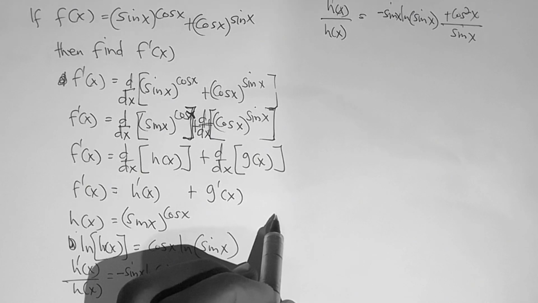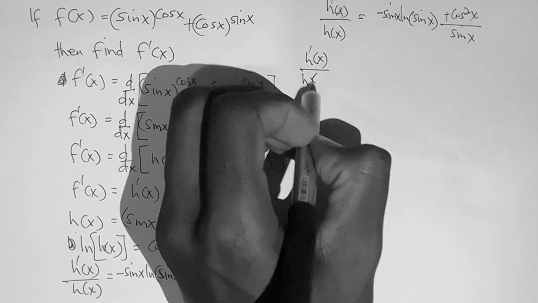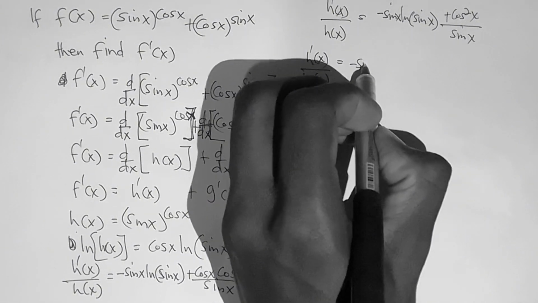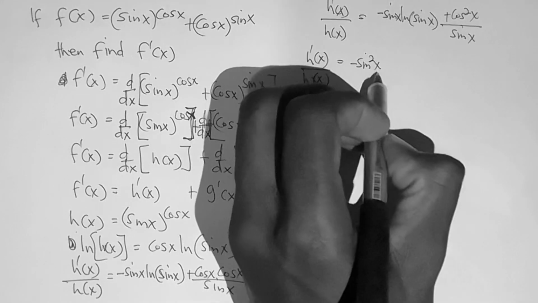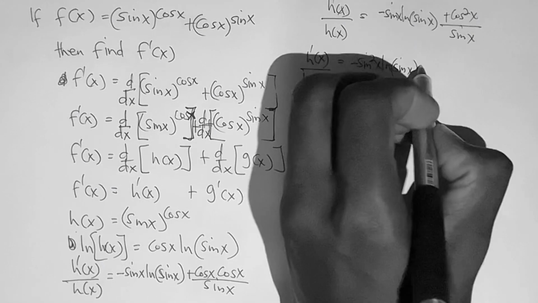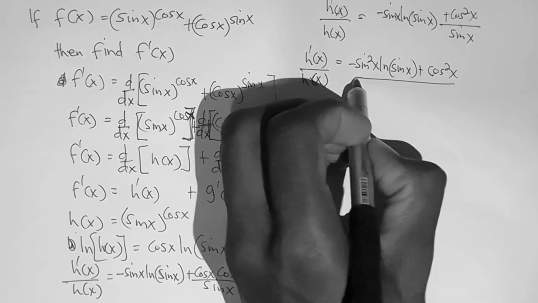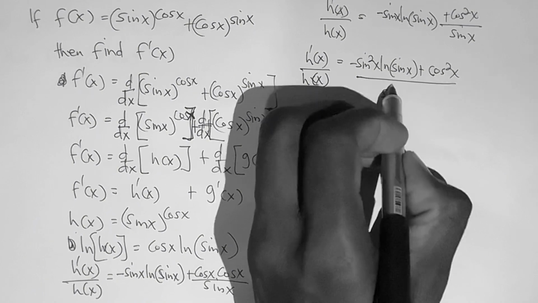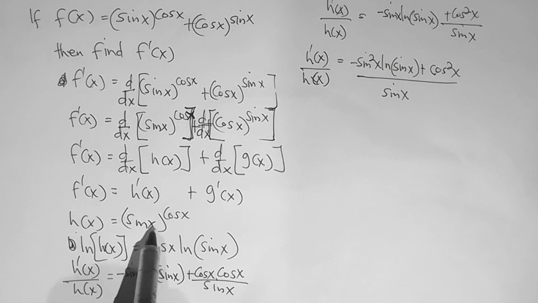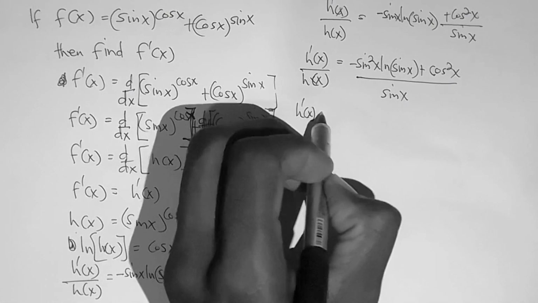So simplifying further, h prime of x over h of x is equal to minus sine squared x ln sine x plus cos squared x, all of that divided by sine x. So if we then put in sine x cos x, then h prime of x is equal to h of x.